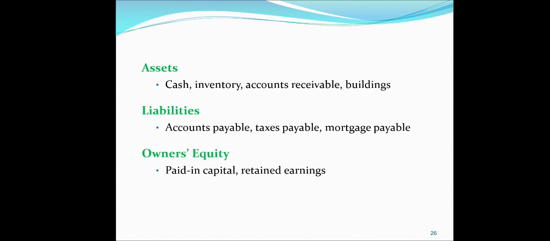The simple example is the bank loan. If you have a business, sometimes your business has to take a bank loan or a loan from other sources. So a bank loan is a very good, typical example of a liability.